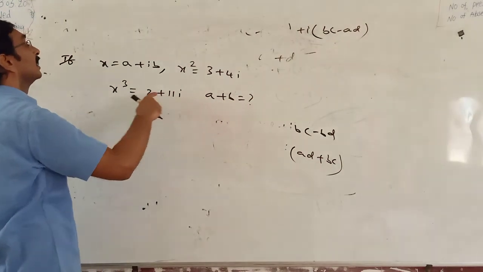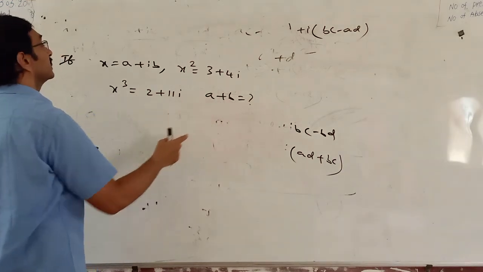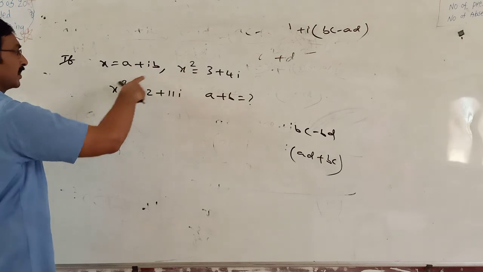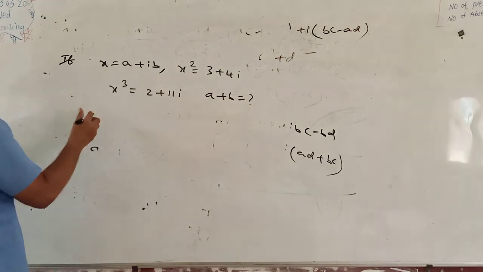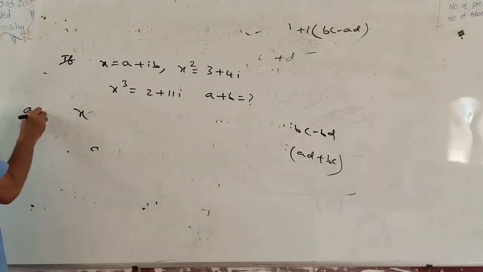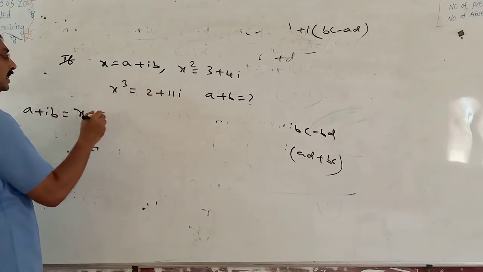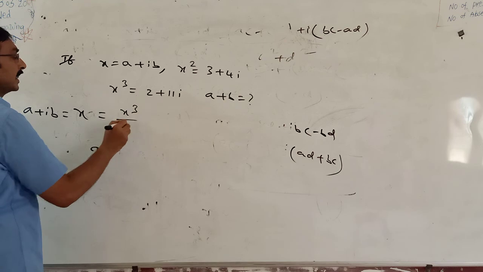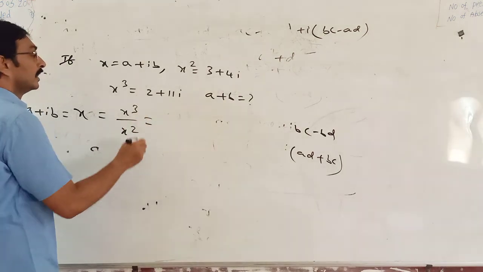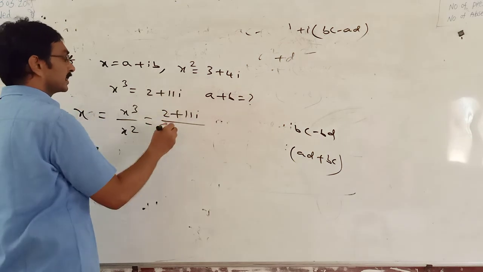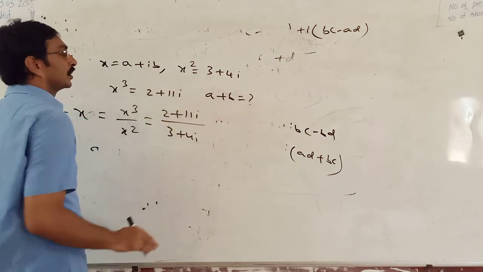To obtain this, a + b is required, meaning we have to find the value of x. The values of x square and x cube are given, x is required. Clearly, a + ib equals x, and x can be expressed as x cube by x square. x cube value is 2 + 11i, x square value is 3 + 4i.